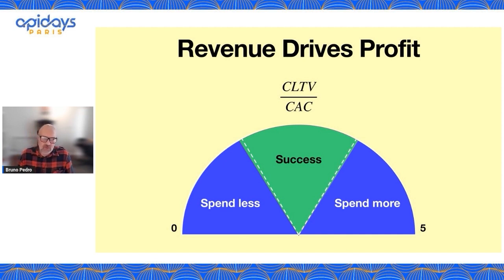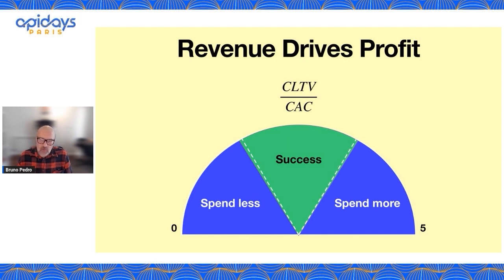So this ratio here determines whether or not at any given time you are generating profits, you are losing money, and even if you are generating profit, how large that profit is and what you can do with it.